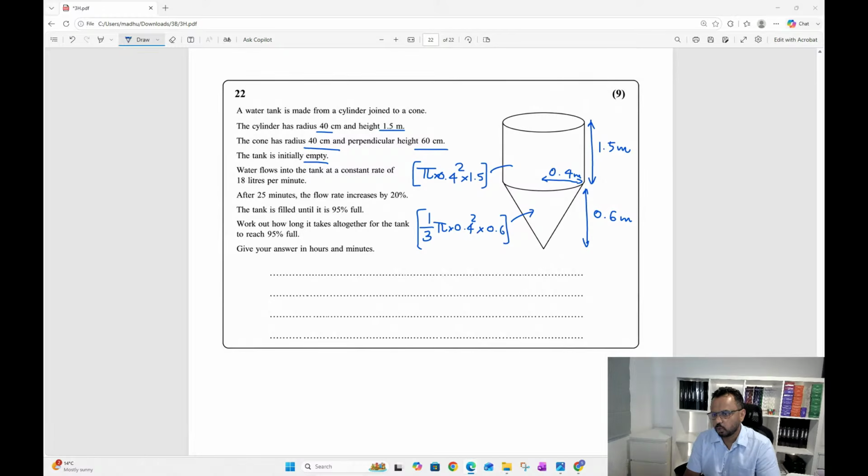Let's find the total volume, I'll call it VT: pi times 0.4 squared times 1.5, add 1/3 pi times 0.4 squared times 0.6 gives me 0.854513 cubic meters.